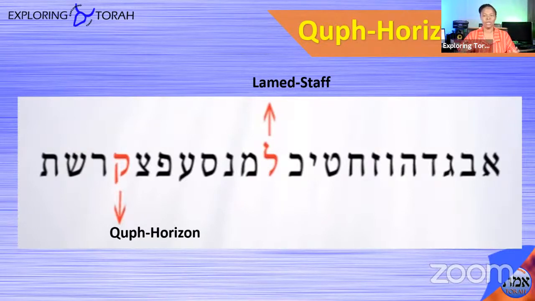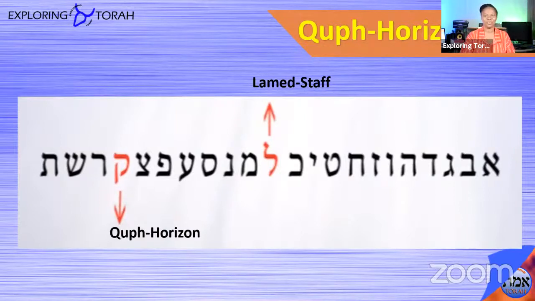Sometimes depending on the context of the word, if it has the ending sound or the beginning sound, the shape of it changes a little. That is something we need to look into as we study deeper and as we study words. But the lamed rises above the line and the kuf goes below the line.